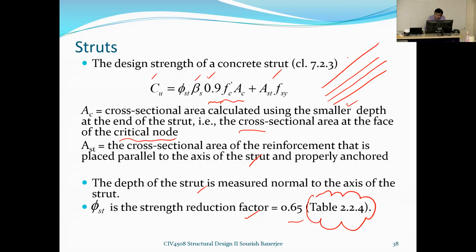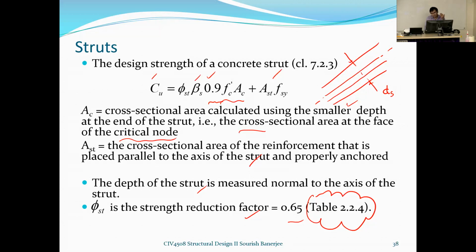And your depth of the strut is measured normal to the axis of the strut. Imagine this is your centroidal axis. The drawing may not be to scale, but imagine that's an axis. So this is your strut depth, say D.